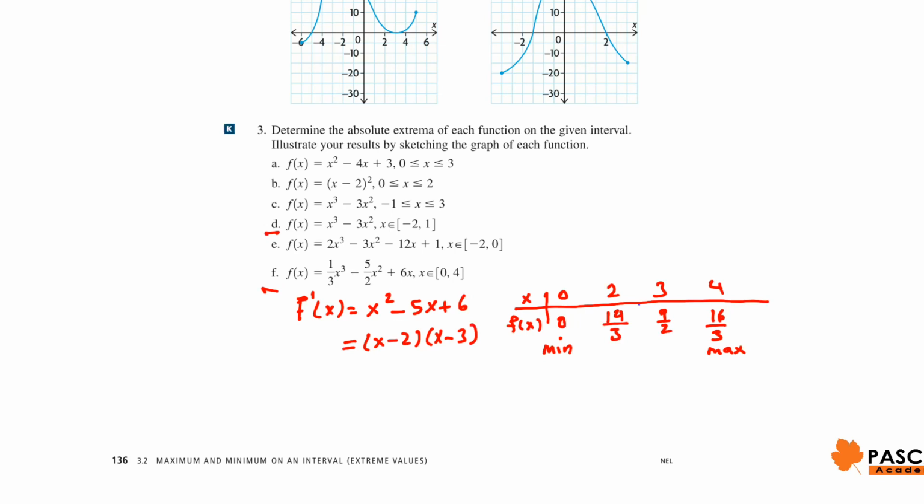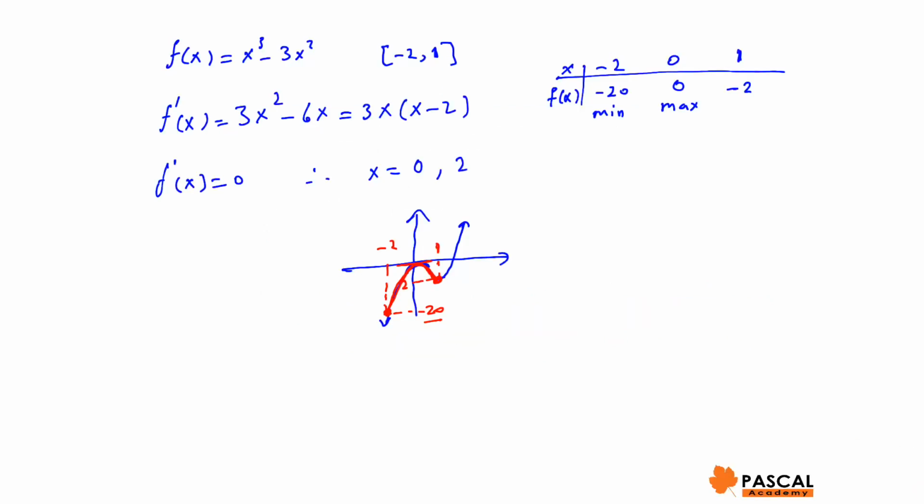The graph of the function when x is between 0 and 4. f(4) is 16/3, which is a little bit more than 5.